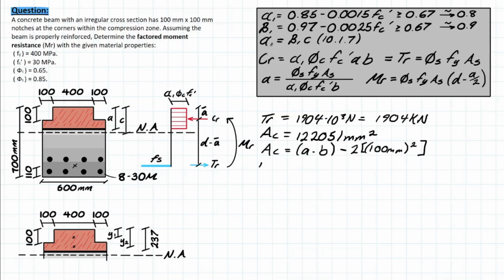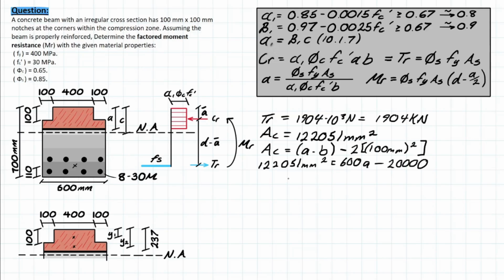So let's start plugging in our variables here. We have 122,051 millimeters squared on the left side. The B is 600, and that's times A. And then the notched value resulting from this is going to be 20,000.